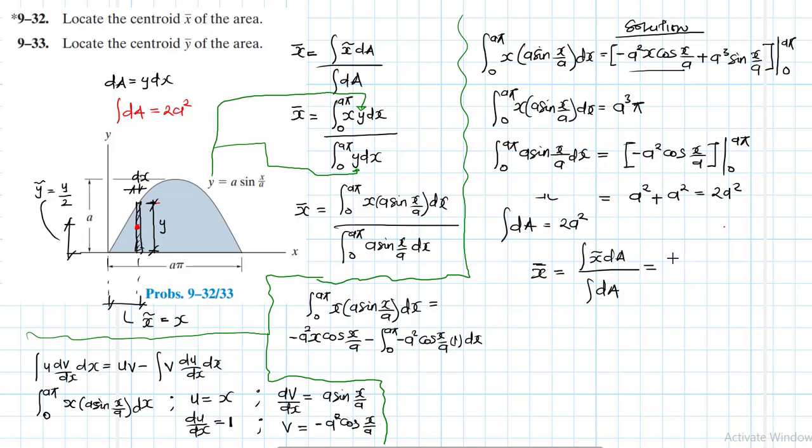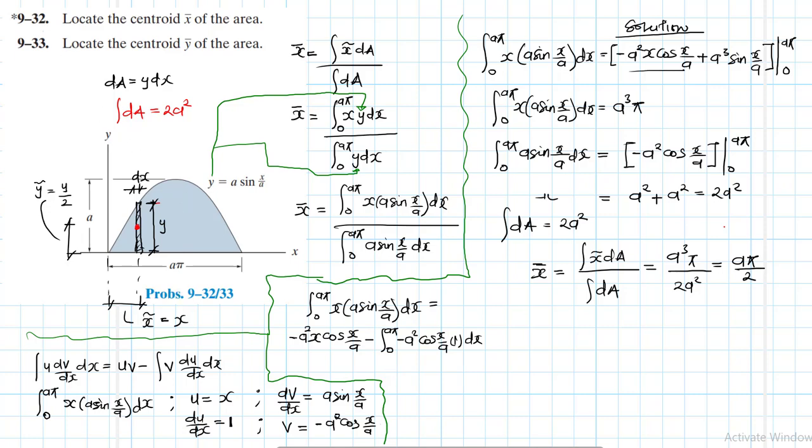We found this as equal to a cubed pi divided by 2a squared. This is going to be equal to a pi over 2. And for sure, because there is symmetry about this axis, we expect that, right? About that center.